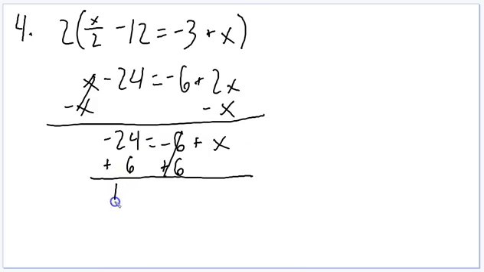So 24 minus 6 is 18, and the bigger number has the negative. So you keep it negative. And that equals x. So that is my answer. If you would like to write it as x equals negative 18, feel free, go right ahead. Okay, moving on.